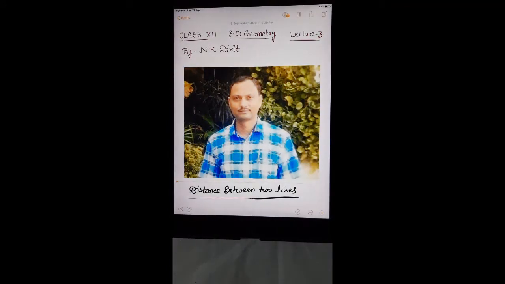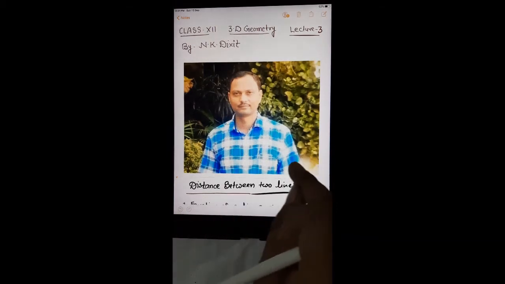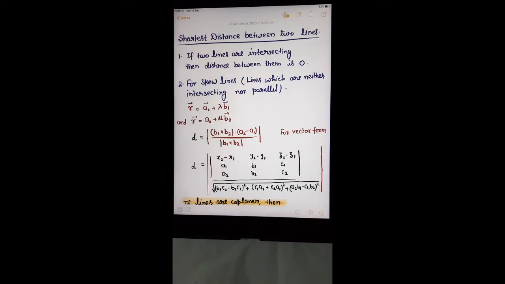And second situation is the skew lines, means if there are two lines in the space which are neither parallel nor intersecting, in that situation we will find the shortest distance between the lines. And third situation is when two lines are parallel. So let us see how to find the distance between two lines.